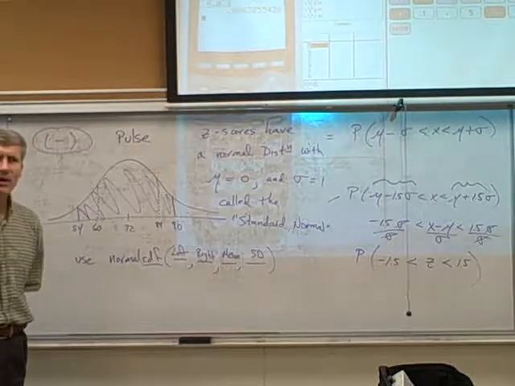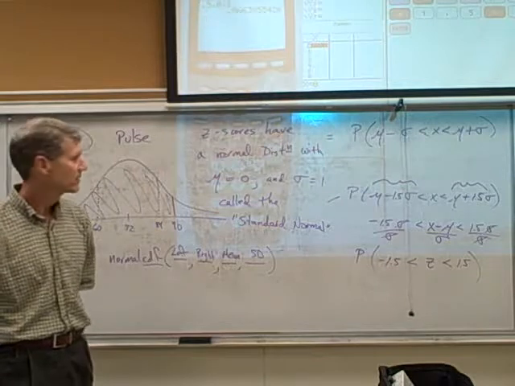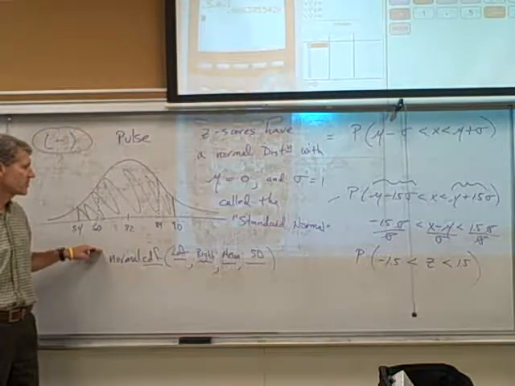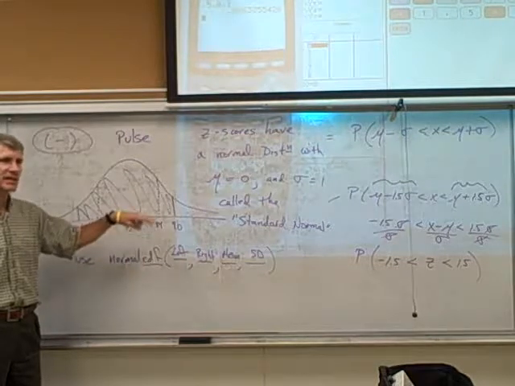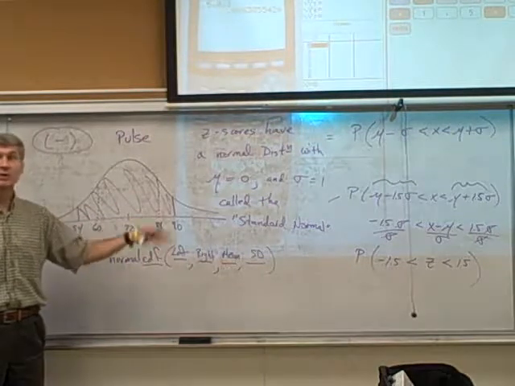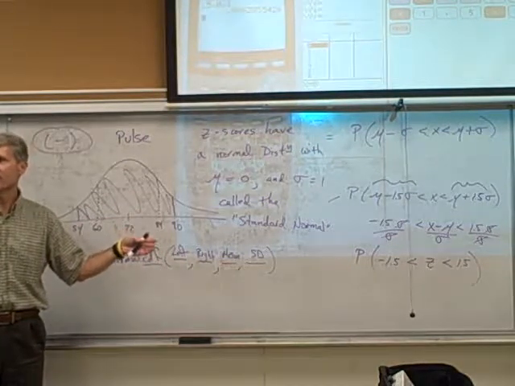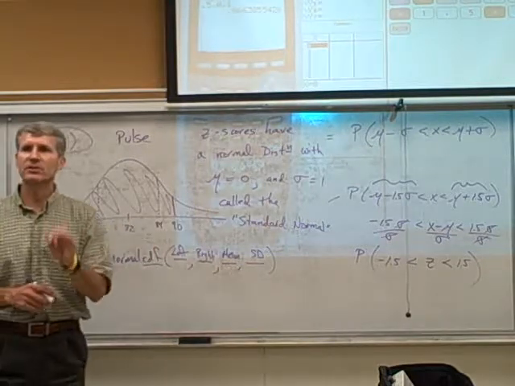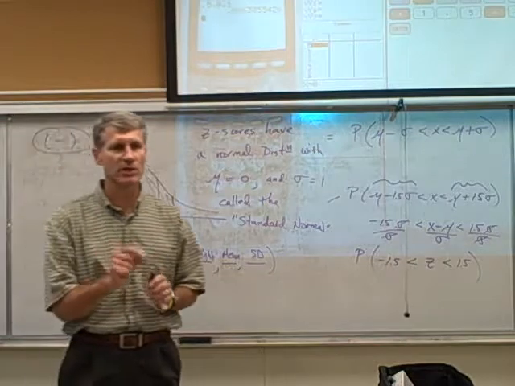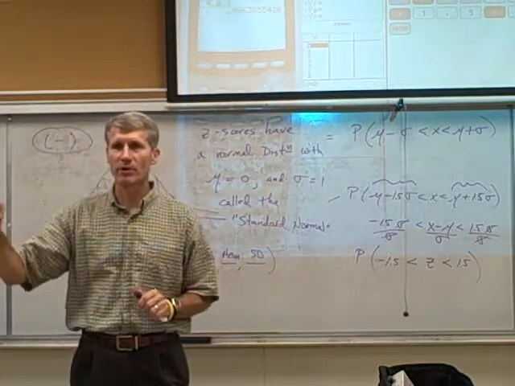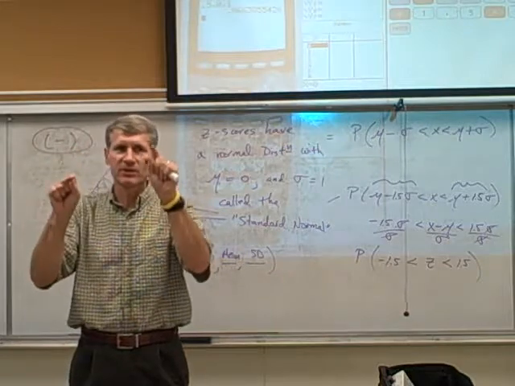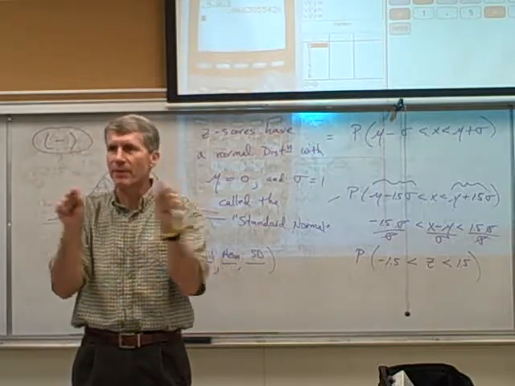Now, is that in the ballpark of what we thought it ought to be when we looked at the picture? We said it's going to be bigger than 0.68, but less than 0.95, but closer to the 0.95 side of it. Makes sense, right? Take the time to do that. When you work these problems, I want you to draw a normal curve. Label it, knowing that halfway down the hill is 1 standard deviation, so where does my number go?